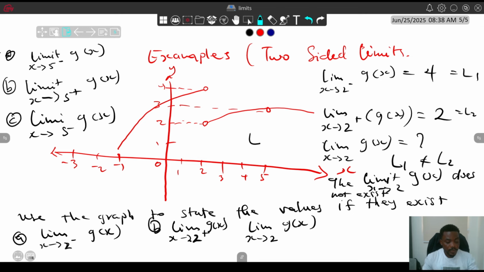Try this. Now, obviously, we can see that for the limit as x approaches 5 from the left, sorry, where is 5? We have 5 here. From the left, the limit is actually approaching 3. So we have 3 here. Now how about from the right? From the right, we have the limit approaching 3 again.